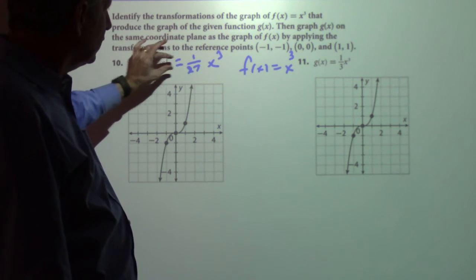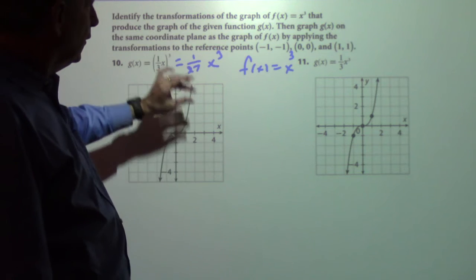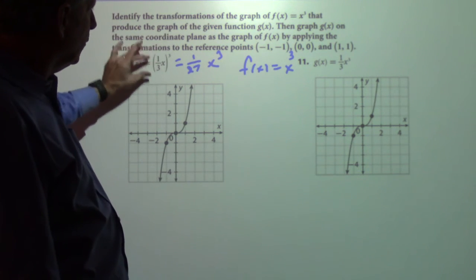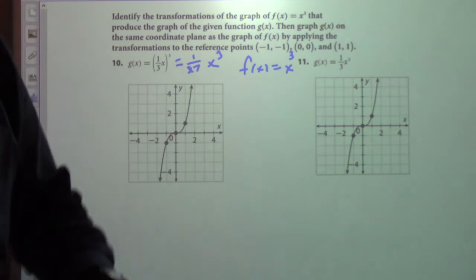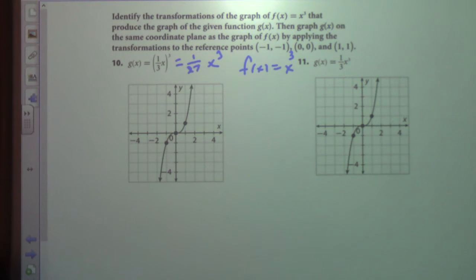You cube x, you get x cubed. So this will be 1/27th x cubed. What is that 1/27th doing? Is it vertically compressing it? Okay, vertically compressing. So it's vertically compressed by 1/27.